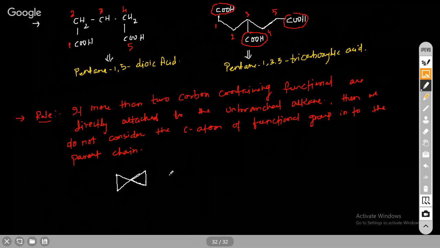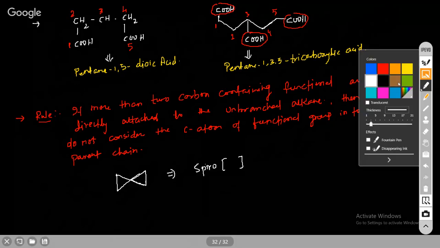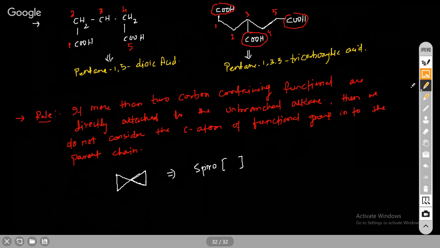In this, the name we will write is spiro, then open bracket, then the number of carbon atoms, according to that we will write down. Now here, if you do the numbering of this, we will start numbering from the smaller ring, and we don't start numbering from this common carbon atom.